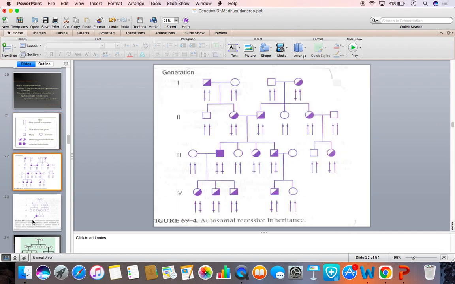Look into this pedigree. Here the father is a carrier, here the mother is a carrier for the disease, and here mother and father are carriers for the disorder, and one out of their four children is affected. This is the pattern of inheritance for autosomal recessive disorder.